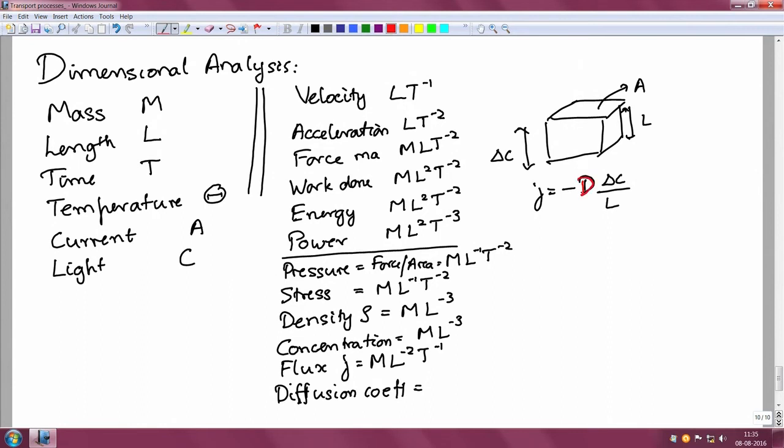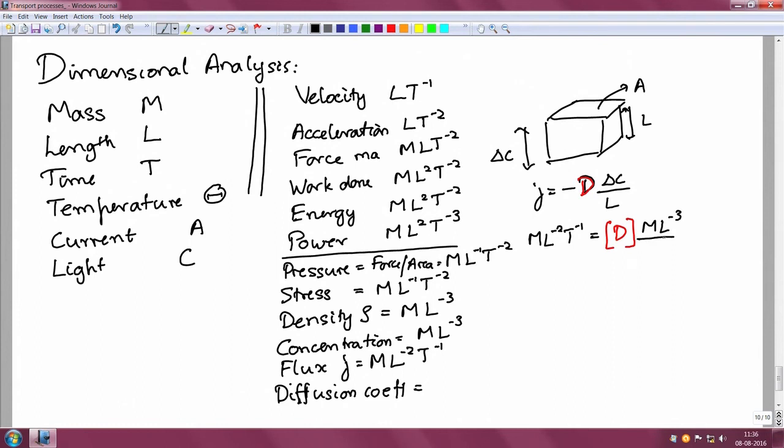If you look at the dimensions on the left hand side, it is mass length to the minus 2 T inverse. That is equal to the dimension of this diffusion coefficient D, times delta C, which is a concentration difference. So it has dimensions of mass length to the minus 3, because it is a difference in concentration between two locations.